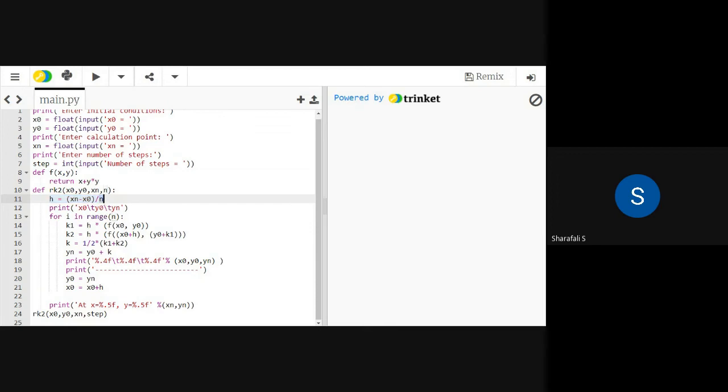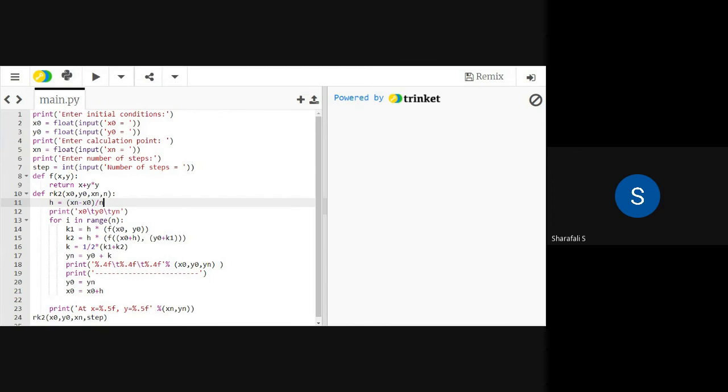N is the number of steps, which I have given: steps equal to integer input number of steps. So x0 is the initial point, y0 we have also given here, and xn is the final value. Here I have used these steps.